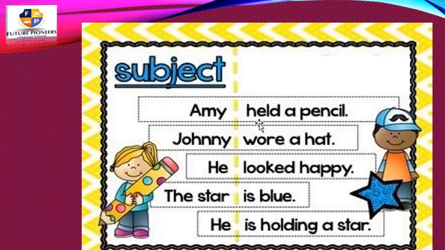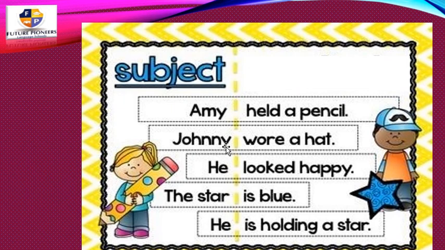Emmy held a pencil. So, who held a pencil? And where is the name or the subject which comes at the very beginning of the sentence? Yes, it's Emmy. So, Emmy here is the subject of the sentence. Johnny wore a hat. Who wore a hat?